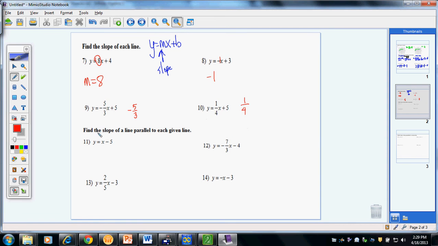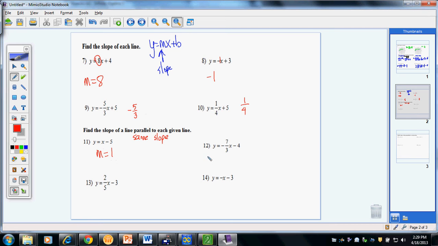So we're going to find the slope of a line parallel to each given line. If I'm given this line right here and I'm going to tell you the slope of a line that's parallel to it, well, parallel lines have to have the same slope. So any line that is parallel to this has to have a slope of 1.